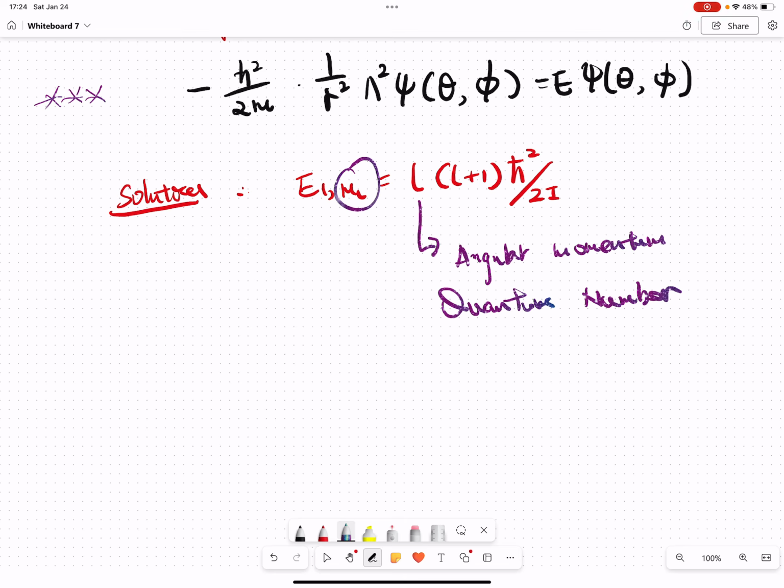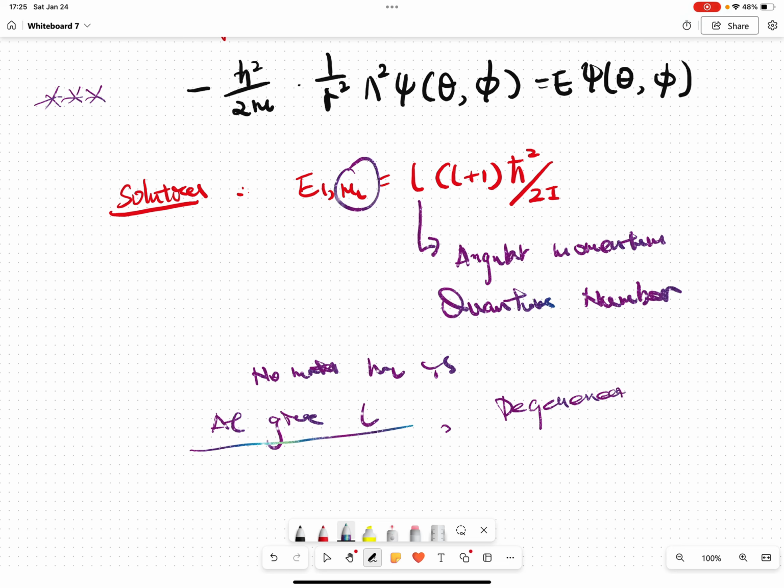So no matter what ML is, at a given angular momentum quantum number, there's an energy degeneracy for ML.